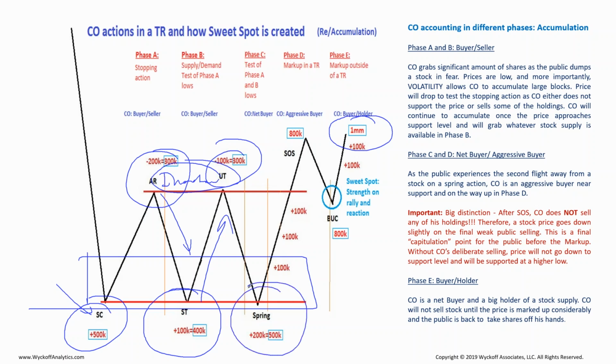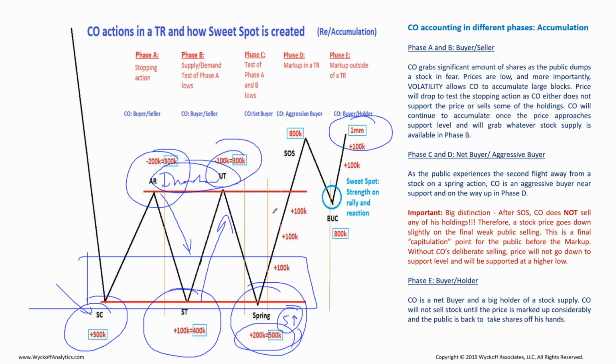At the next support level, phase C, into the spring, this is where locally supply is going to increase. So the CO is going to step up and buy the last number of shares from weak hands, and that would diminish supply even more. That would suggest the timing.